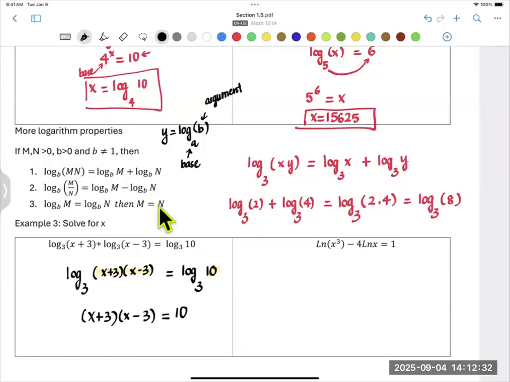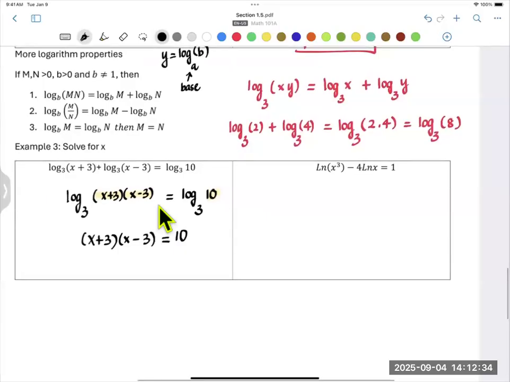And then we're going to solve. So let's distribute. If you remember this property, a minus b times a plus b, it's called the difference of squares. And a minus b times a plus b is actually a squared minus b squared.